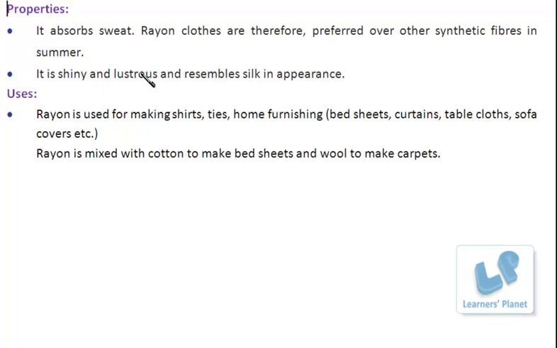Second point should be from where it is obtained, the source. Third point, that it is also known by the names viscose rayon or artificial silk. Fourth point should be the properties, that is, it absorbs sweat, right? And secondly, it is shiny, lustrous and resembles silk in appearance. And fifth should be the uses of rayon.